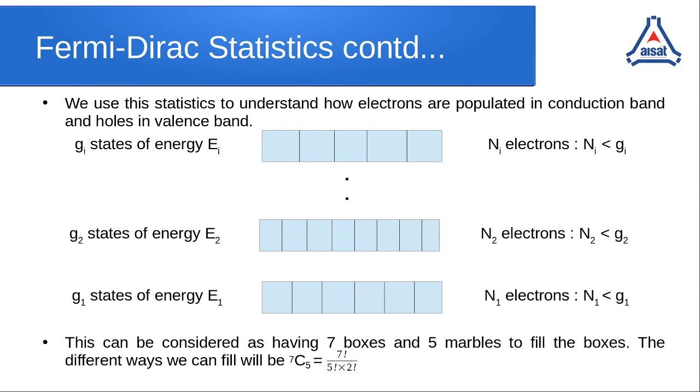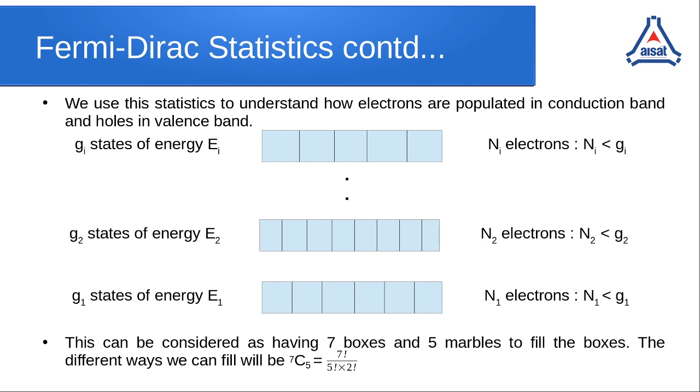Now if we pick one energy level, we could explain it with an analogy of having 7 boxes and 5 marbles. You could put one marble in one box. Then how many different ways can you fill the 7 boxes? Mathematically it is equal to 7C5.